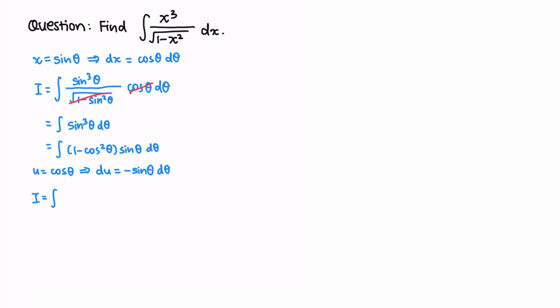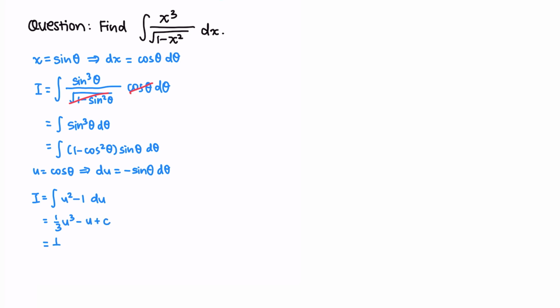So our integral just becomes 1 minus u squared, and then sine theta d theta actually becomes negative du. So we have a du and I'll put a negative outside. I can rewrite this to be u squared minus 1 du. So if we do our integration, this becomes 1/3 u to the power of 3 minus u plus c.